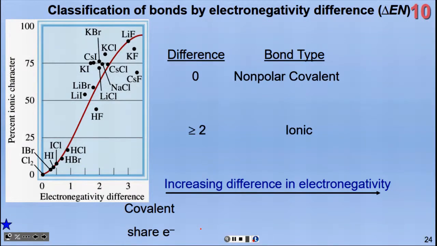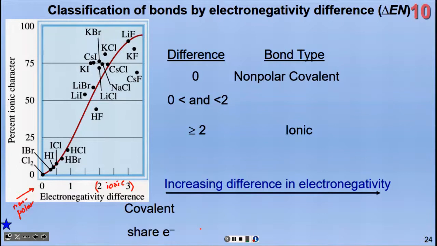bond. So from this chart over here on the left, the electronegativity differences on the 2 to 3 side are going to be ionic, and the ones closer to 0 are going to be nonpolar. And there's a whole spectrum of possibilities for different compounds in between. Notice that the ionic ones are a lot of metals with nonmetals, and the covalent ones are going to be nonmetals.